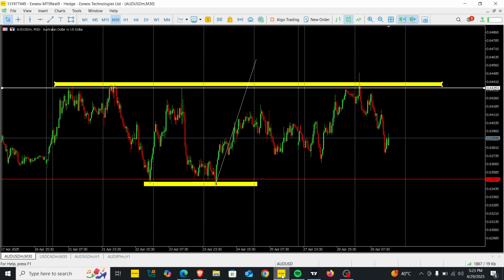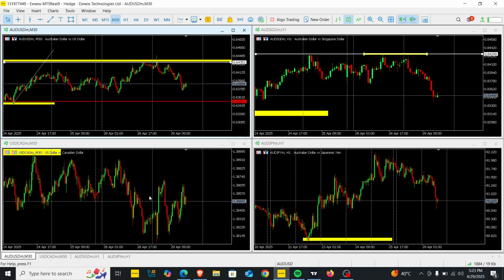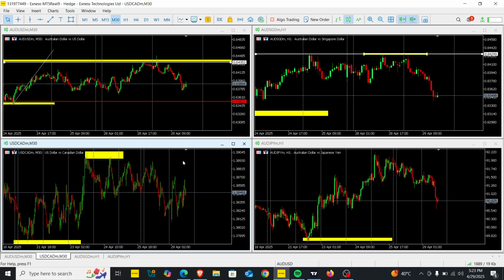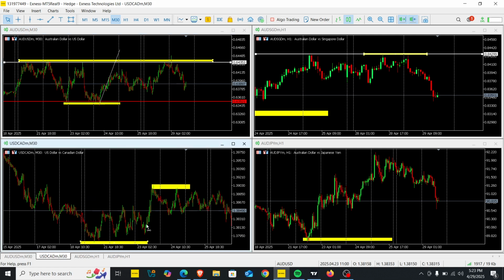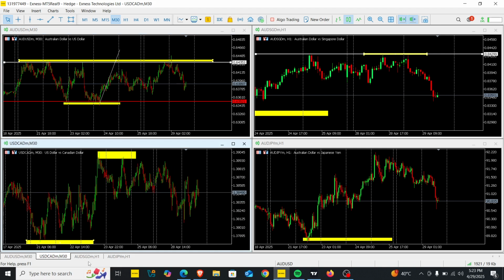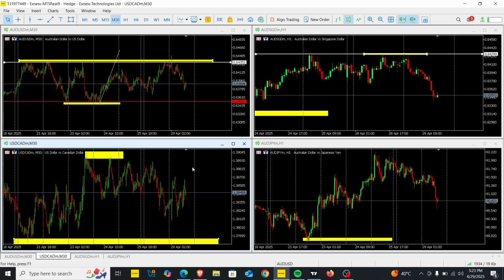But again, that's not enough. You need to know, okay, when do I jump in and when do I jump out? So you can clearly see how we have our possible break of structure at this top. So you can see there's no break of structure here, which also tells me, okay, since there's no break of structure here, then there's going to be a pullback also and a buy.